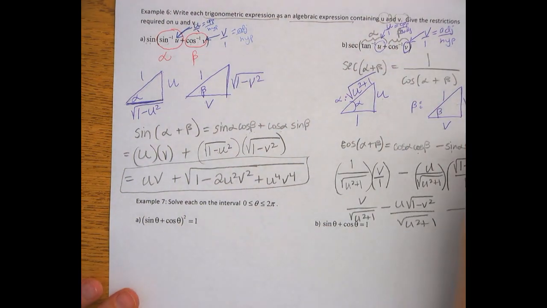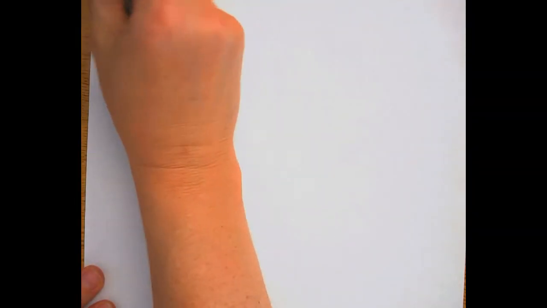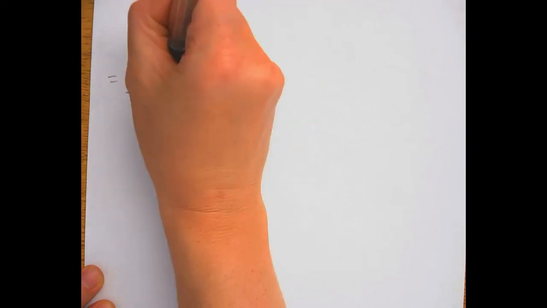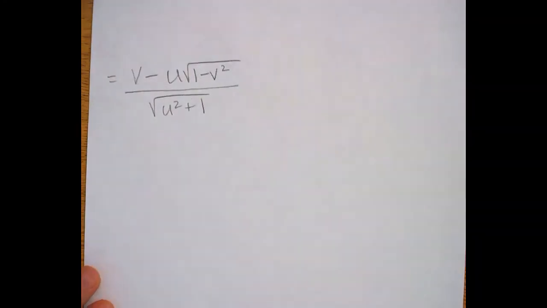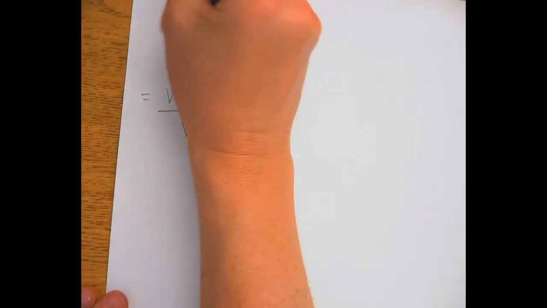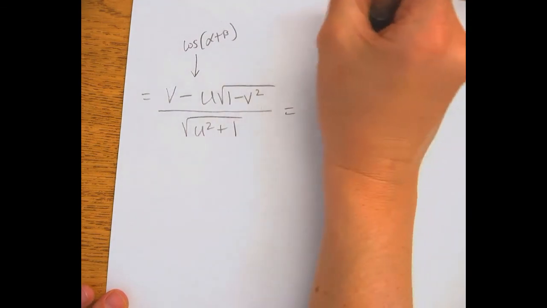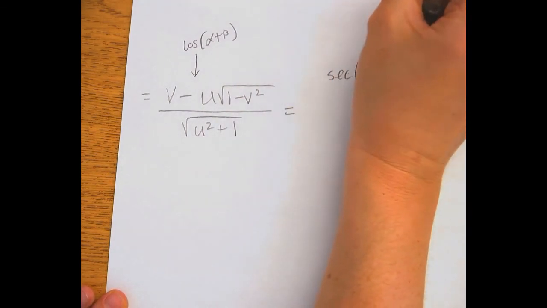Let's continue this one onto the back. So then I get V minus U times the square root of 1 minus V squared all over the common denominator of the square root of U squared plus 1. Okay, so that right there is cosine alpha plus beta. But what I need to find is secant alpha plus beta.